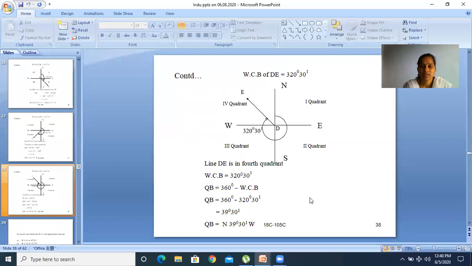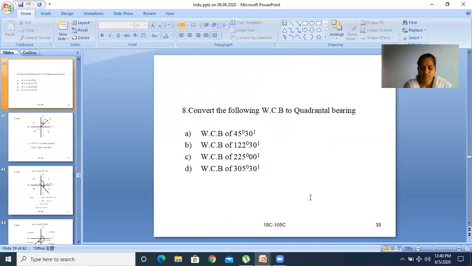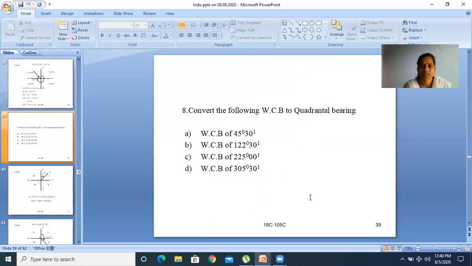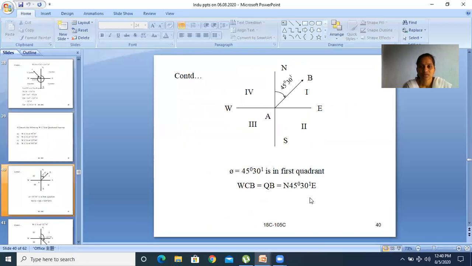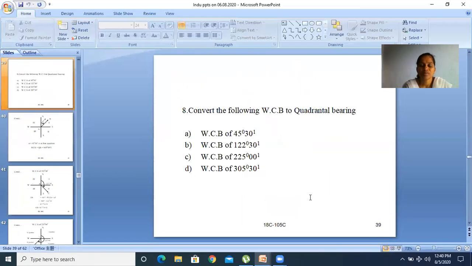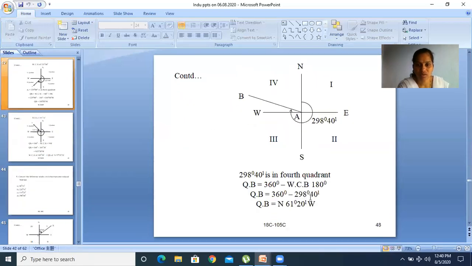And DE is in the fourth quadrant, northwest. Is it clear? Okay, then WCB of 45 degrees 30 minutes. So that is WCB of the AB line. I'm sorry.